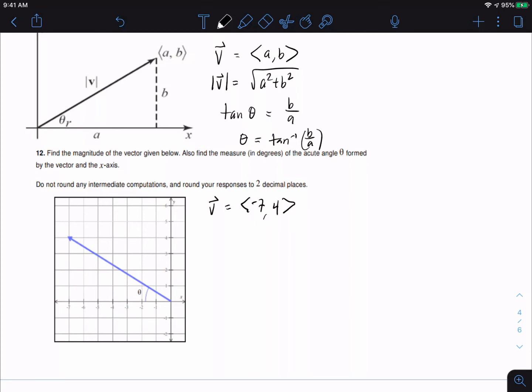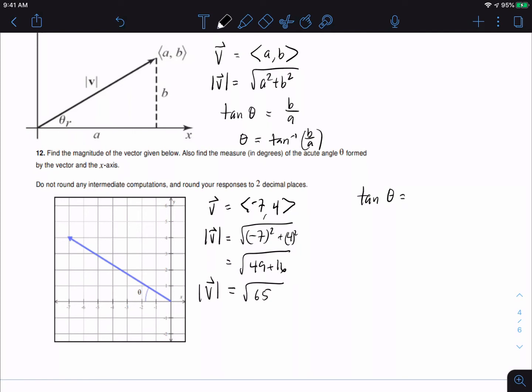And then to find the magnitude, so our magnitude is the square root of 65. We got that. Now to get the angle, isn't that going to be tan of theta is equal to 4 over a negative 7?